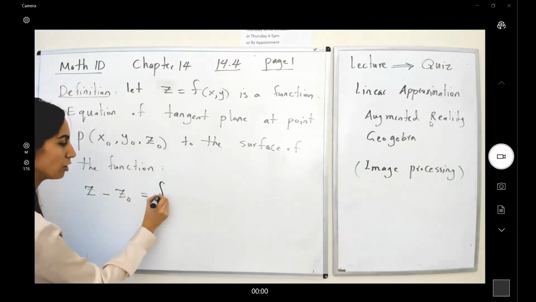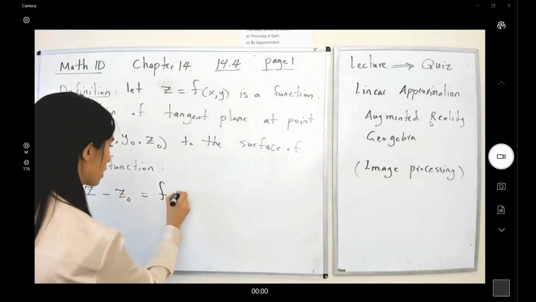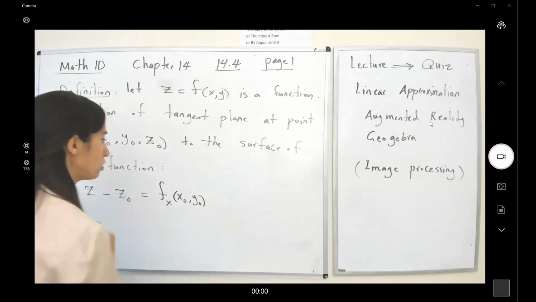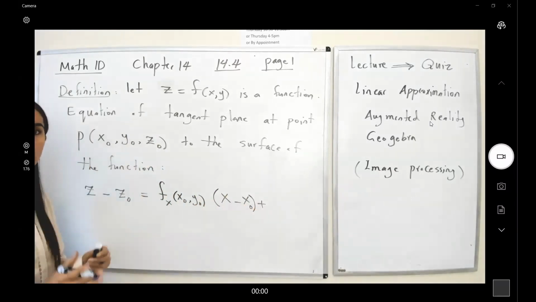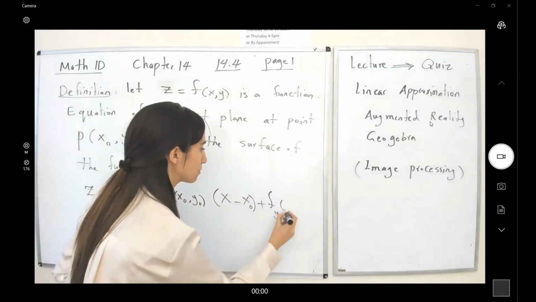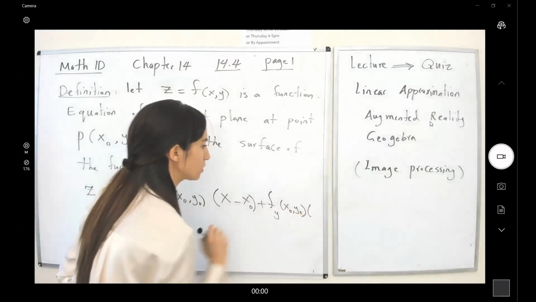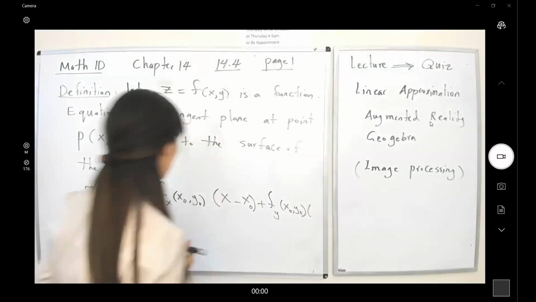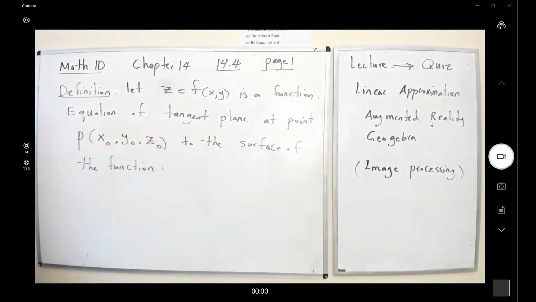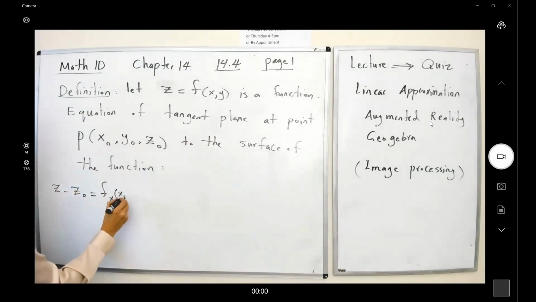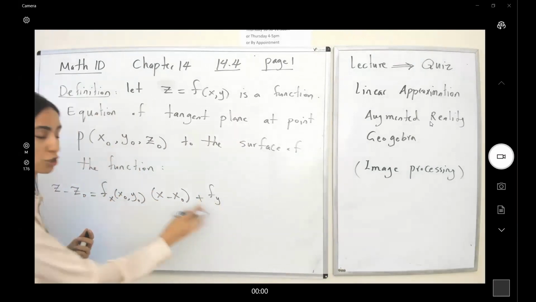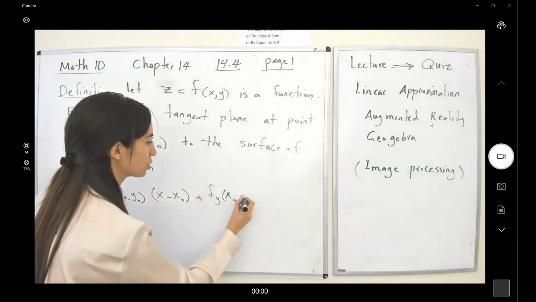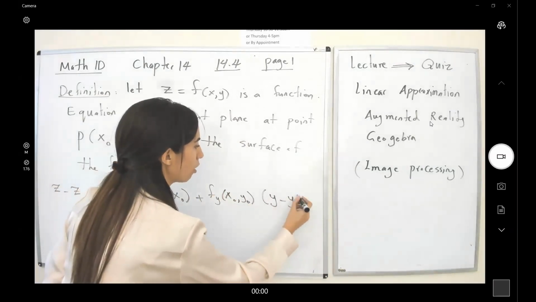It is equal to the partial derivative of f with respect to x at this point, x sub 0, y sub 0, times x minus x sub 0, plus the partial derivative of f with respect to y at that point, x sub 0, y sub 0, times y minus y sub 0.